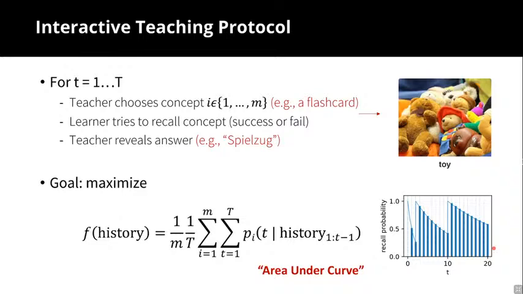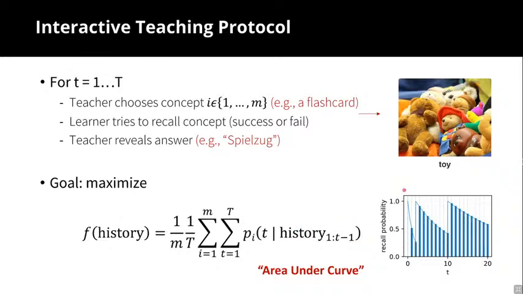It could be exactly the recall probability for every word at the final timestamp, but it could be something that behaves monotonically yet is easier to analyze mathematically. Our particular choice of surrogate function is the following area under the curve expression. I'll explain this briefly without going too much into the details, just at a motivational level.